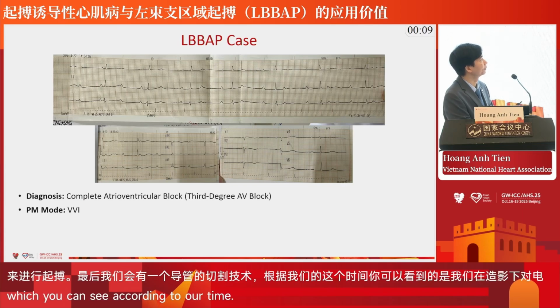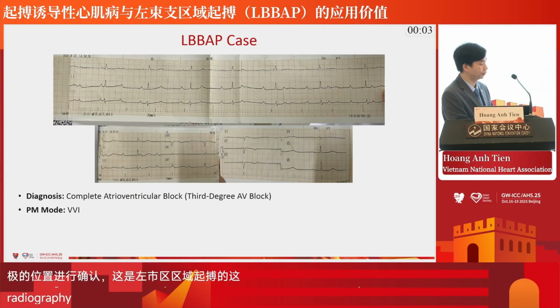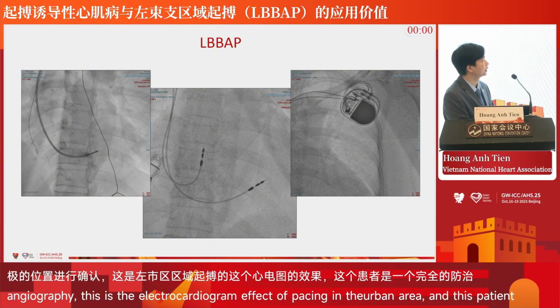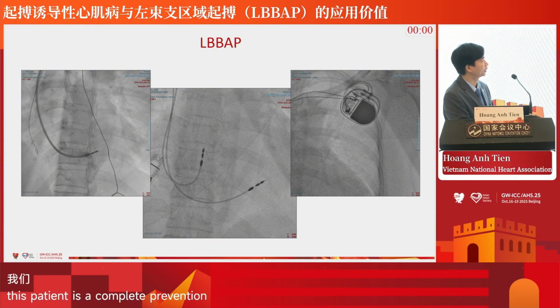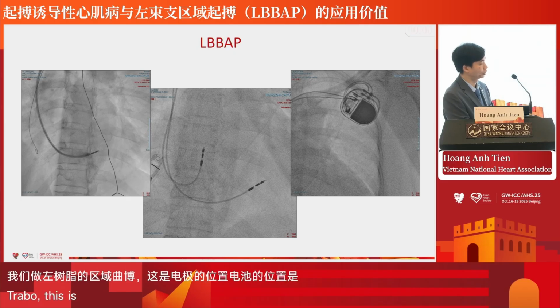And here is a case of left bundle branch area pacing, a patient with complete atrioventricular block, and we use the VVI mode with left bundle branch area pacing. The depth of the lead is suitable, and also we check the projection and the position.